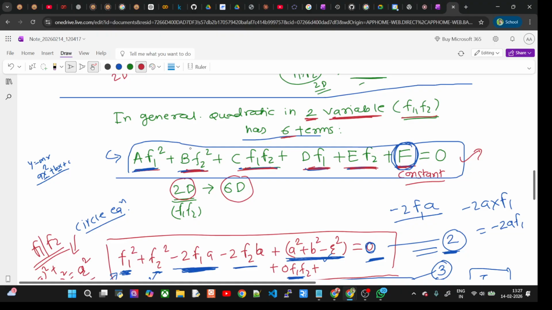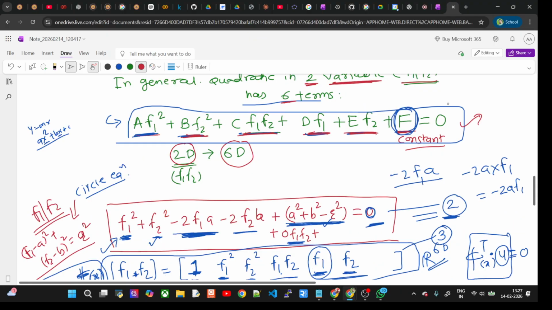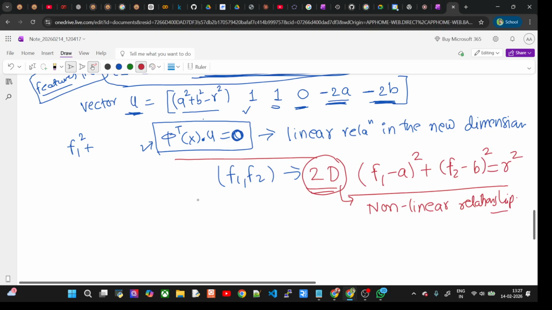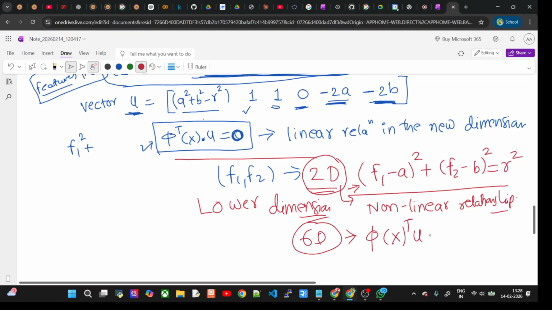So f1 and f2 in the lower dimension have a non-linear relationship. But if I go to the higher dimension like 6D, phi of x transpose u equal to 0 shows me a linear relationship.